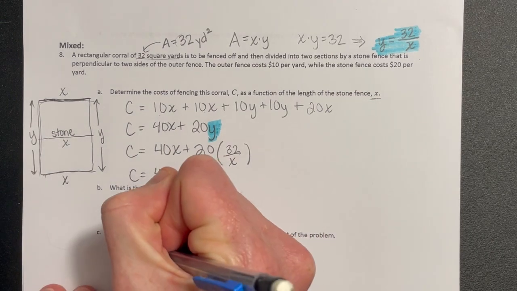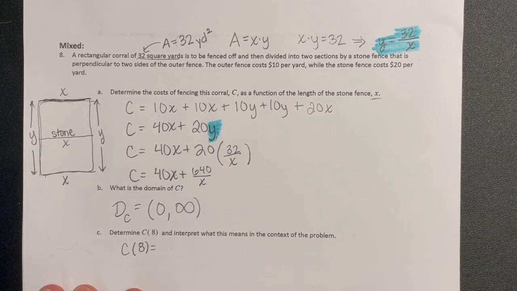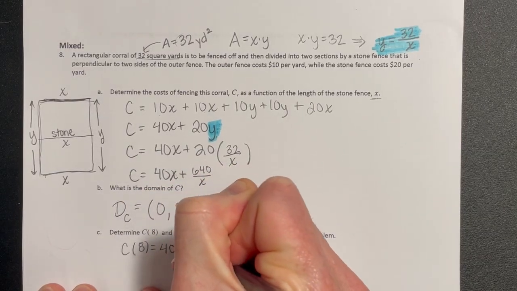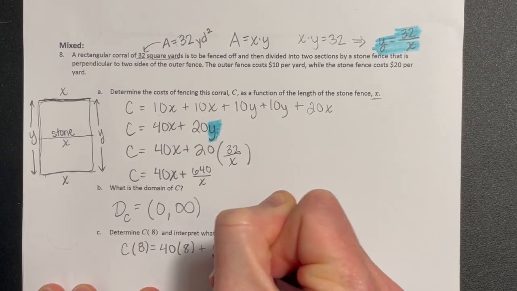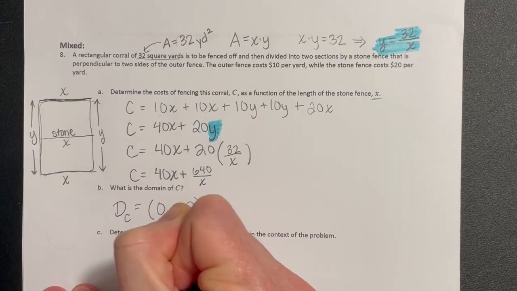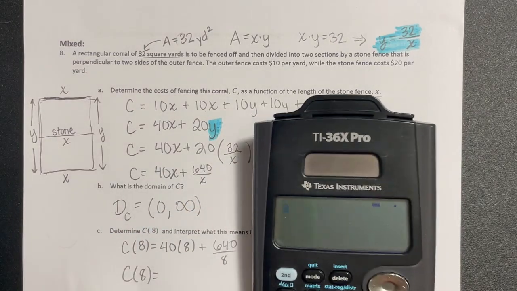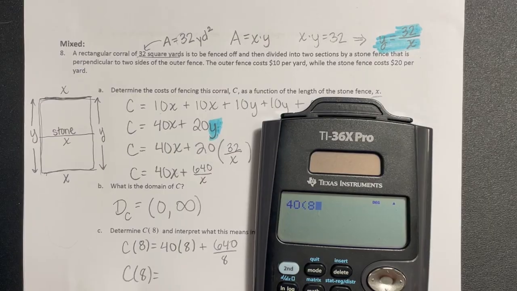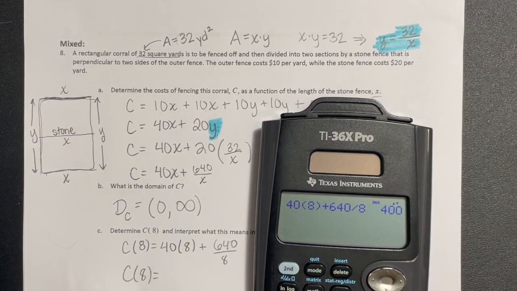So then determine C of 8. C of 8 is just going to plug in 8 for our input x. So 40 times 8 plus 640 over 8. And you can plug that directly into your calculator. And we get 400.